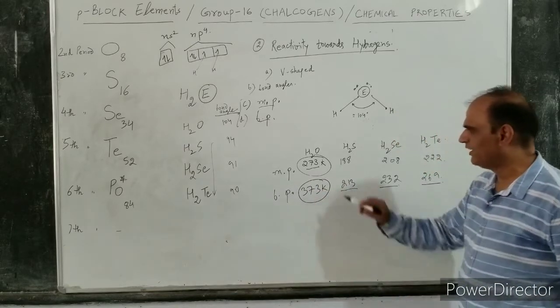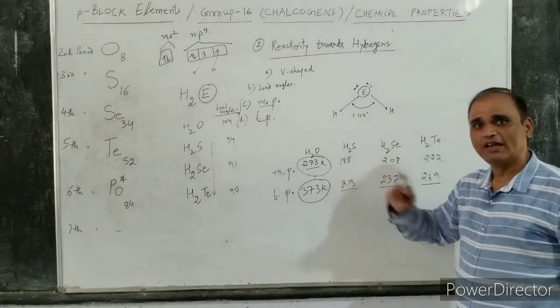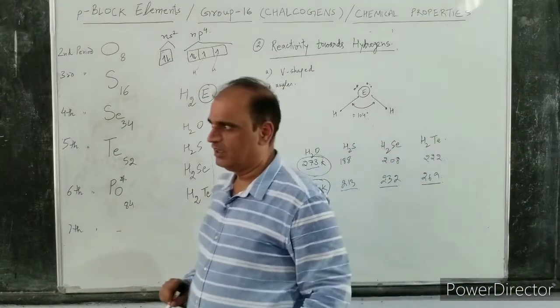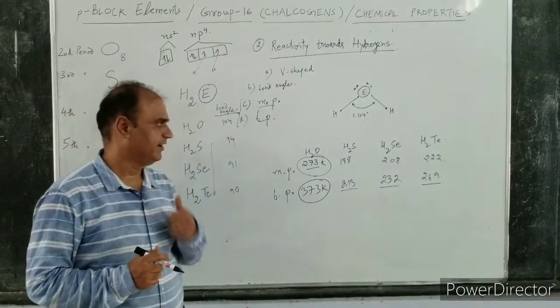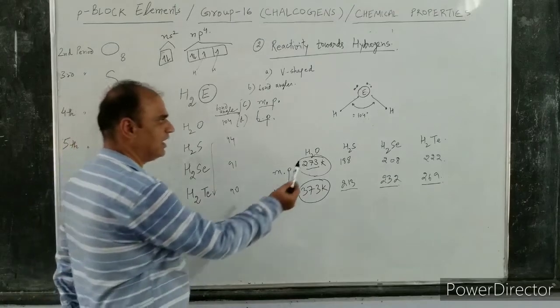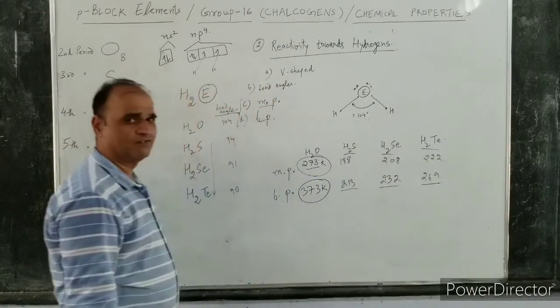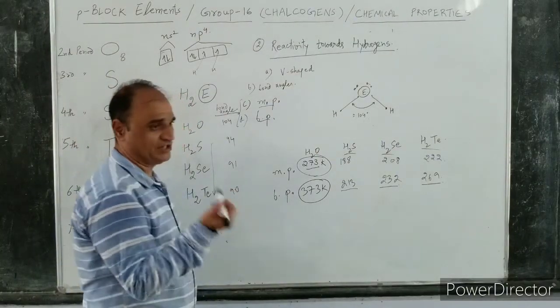So what we want to come at is that both melting point and boiling point of water are exceptionally higher. Why? Because all these have intermolecular van der Waals forces of attraction, but water will be having H bondings.